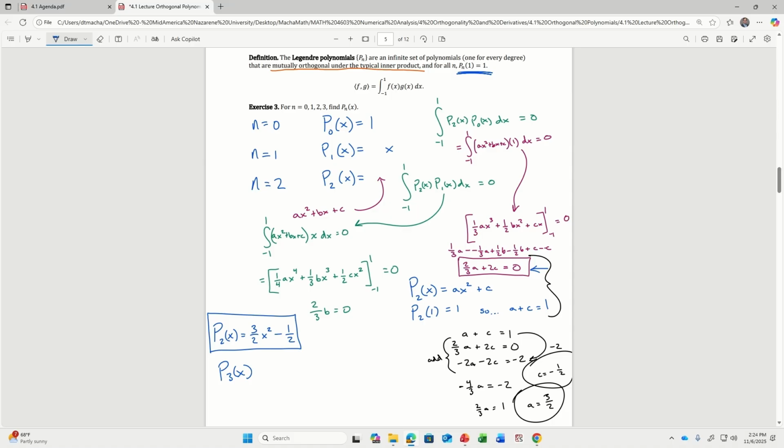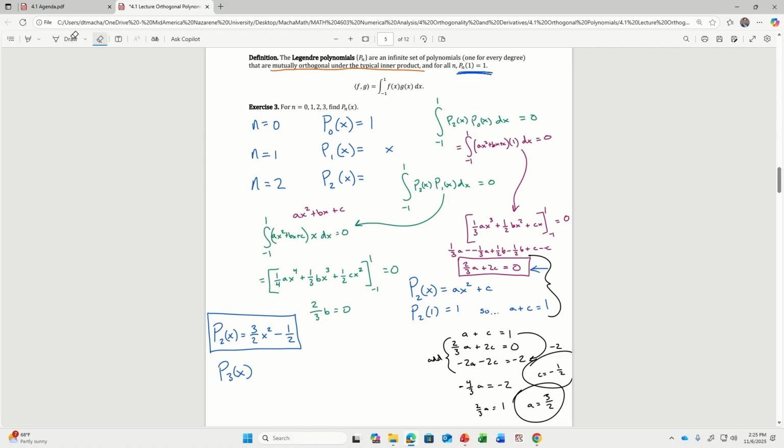And if I take the inner product between the Legendre polynomial of degree 3 and the Legendre polynomial of degree 2, that inner product has to be 0. And then lastly, p3 of 1 has to equal 1. So I got 4 little clues, and that's important because for a degree 3 polynomial, there's 4 coefficients, right? There's a constant, and then there's the 3 coefficients on your remaining terms.